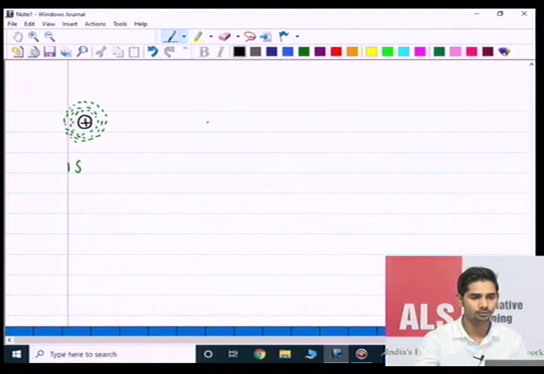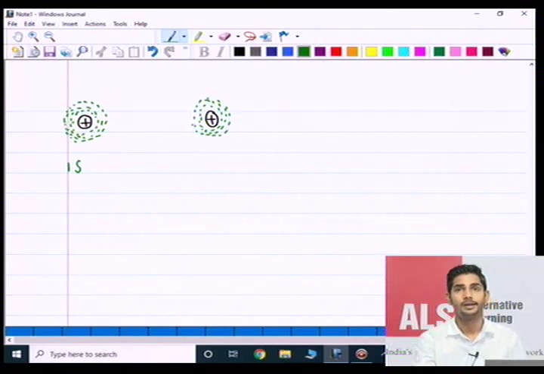If I draw 2s, guys, look at this. In 2s, just after the nucleus there will be a region where I can get the electrons. Now, between this region and the next one, there is a space.